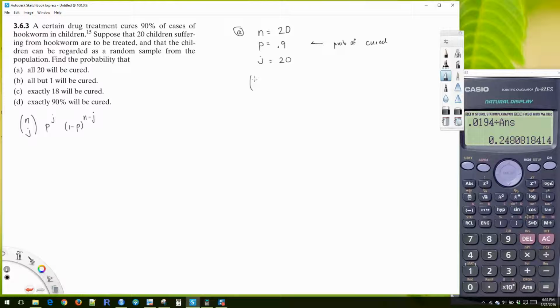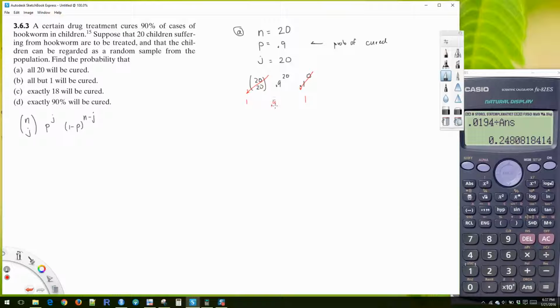So in our case, we've got 20 choose 20, 0.9 raised to the 20, 1 minus 0.9, I'm just going to write 0.1 raised to the 0. And this one is actually easy because 20 choose 20 reduces to 1, and anything raised to the 0 power reduces to 1.